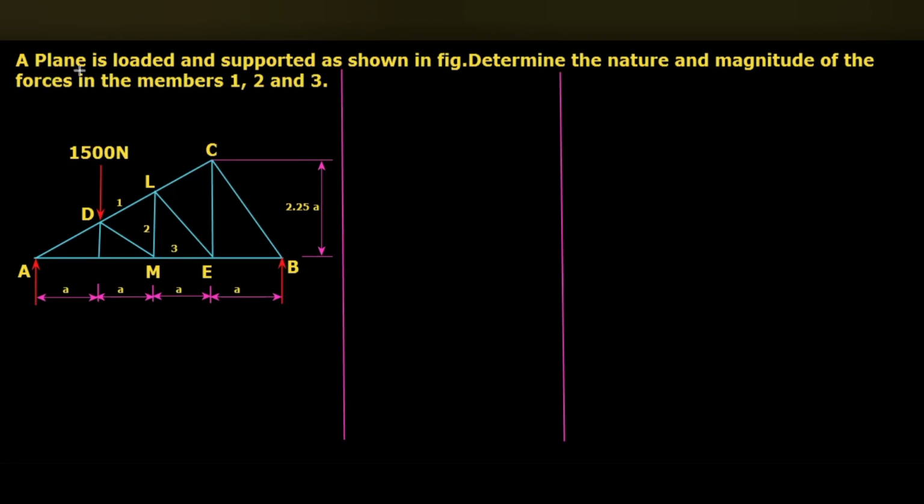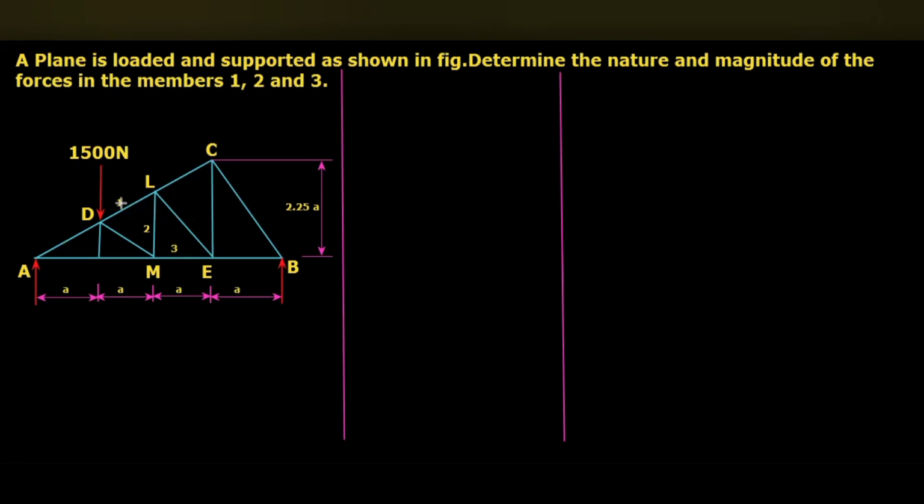A plane frame is loaded and supported as shown in figure. Determine the nature and magnitude of the forces in the members 1, 2, 3. Here you can see the frame is given.